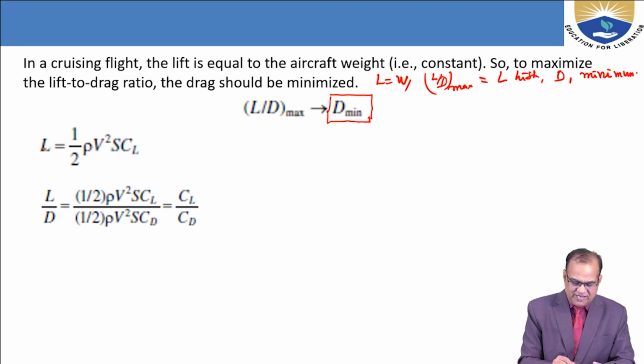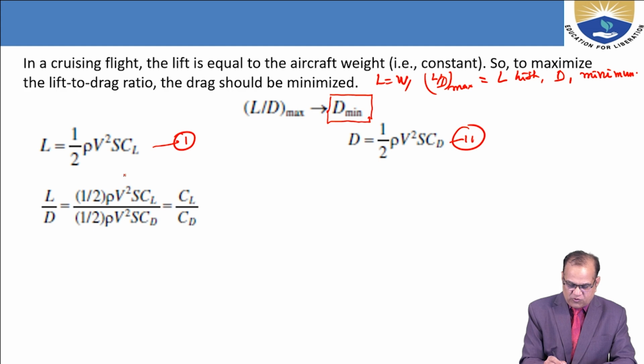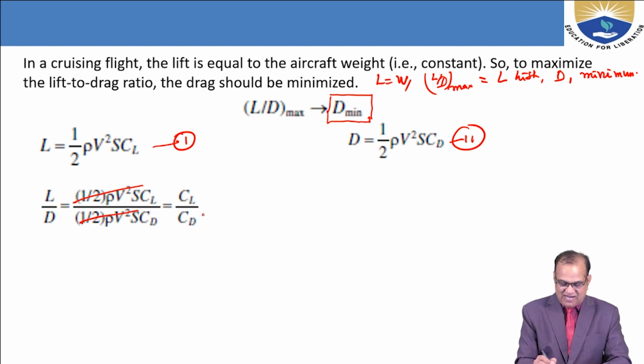So, we know that L is equal to half rho V square S CL and D is equal to half rho V square S CD. If we divide this equation by this equation, L by D is half rho V square S CL divided by half rho V square S CD, and this thing cancels out. We have here CL by CD.